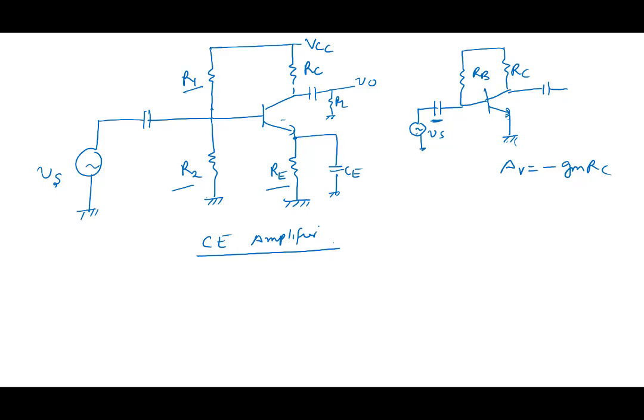So this is the simple amplifier that we discussed, with a better biasing. Otherwise, this amplifier is very similar to the earlier one, except that R1, R2, and RE are being used for achieving a better bias point.